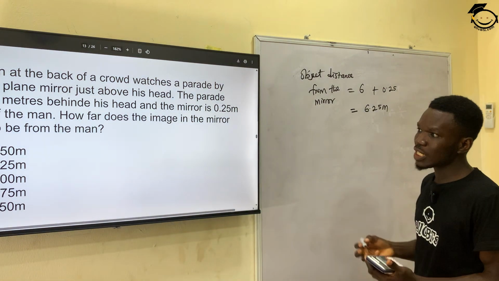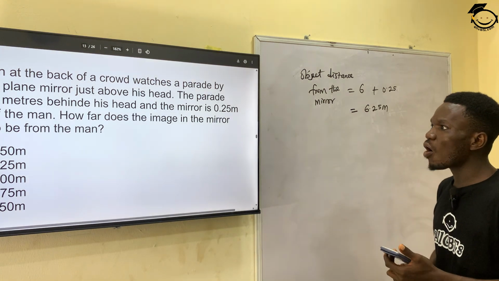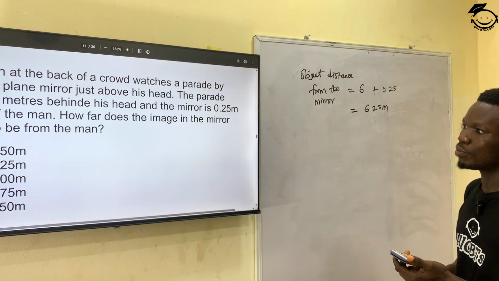But the question did not ask us for the object distance, but the distance of the image from the man. How far does the image appear in the mirror from the man?